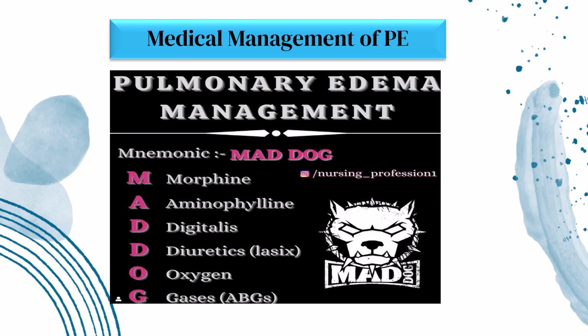Oxygen support, because it corrects your hypoxemia, and we can give it by mask or cannula depending upon the respiratory status of the patient. But if you have a patient with ARDS who comes in with hypoxemia, do not wait, intubate. And G stands for your ABGs, or it even stands for anticoagulation, which is a cornerstone of pulmonary edema treatment.